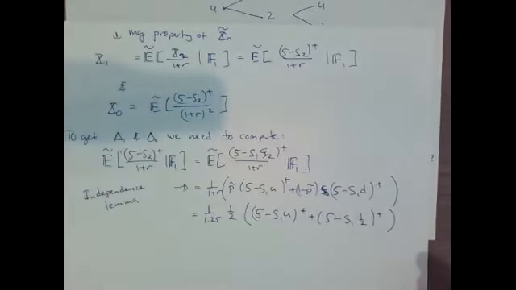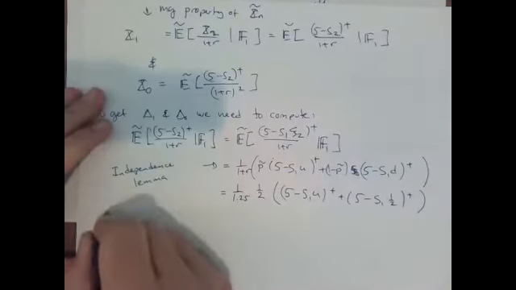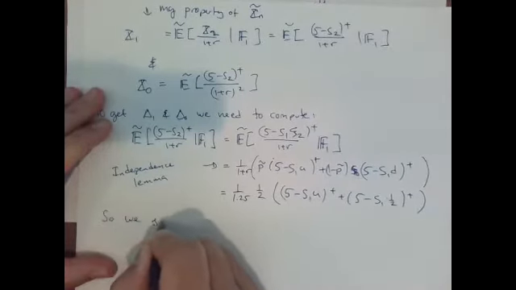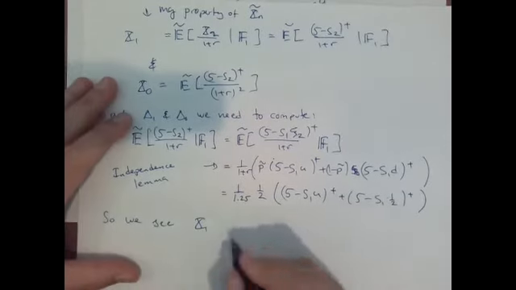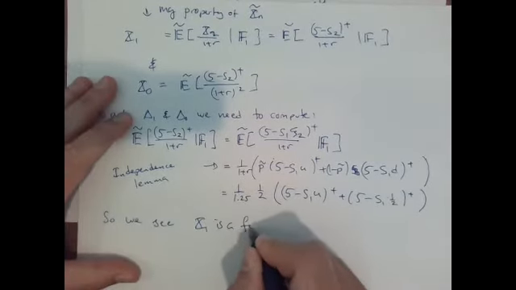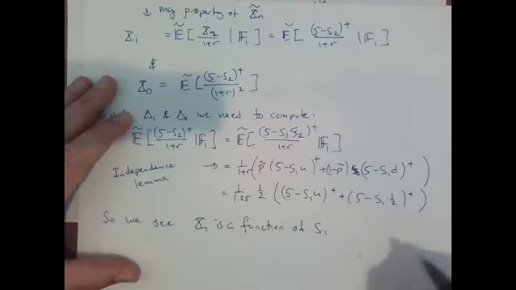So this here would be my conditional expectation, and this is the thing that's going to be X1. So what we see is that X1 is a function of S1.